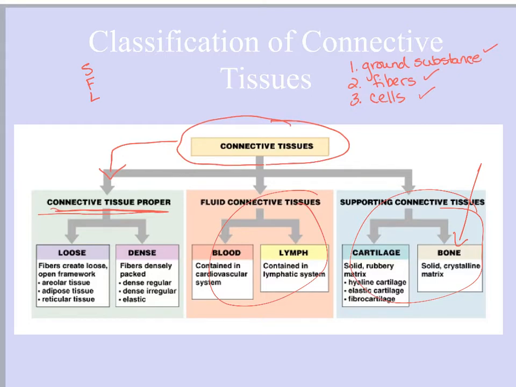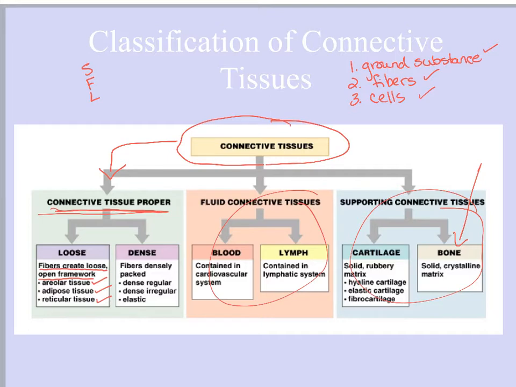So the first type of connective tissue proper we're going to learn about is loose connective tissue. And there are 3 specific types, 3 names. There's areolar connective tissue, adipose tissue, and reticular tissue, all of which are loose connective tissue. Loose means that the fibers create a very loose, open framework.